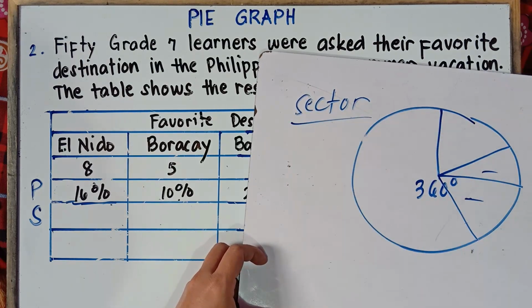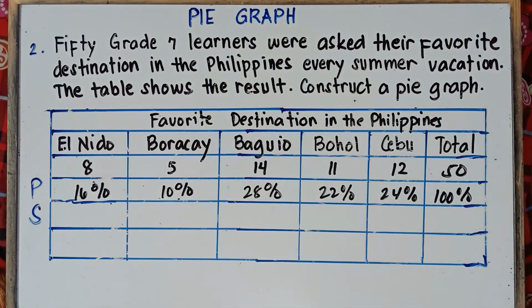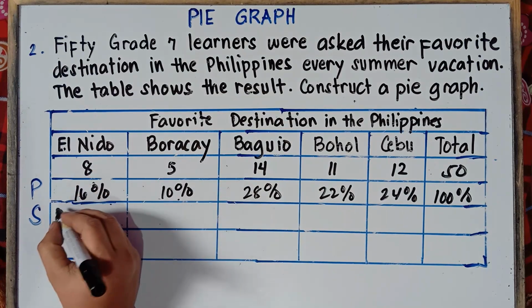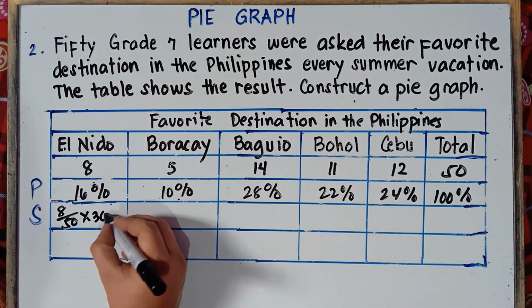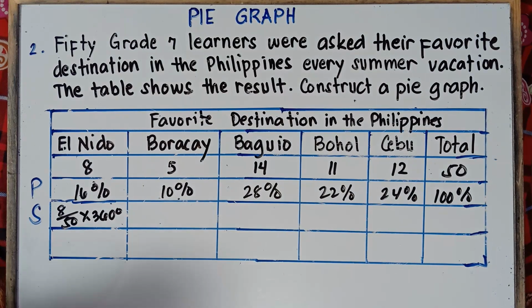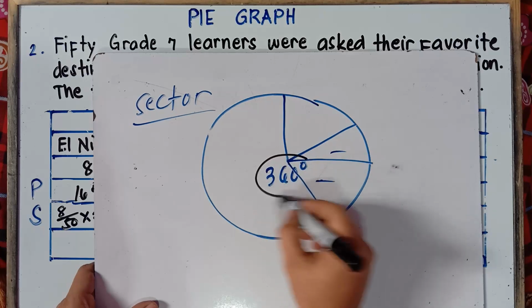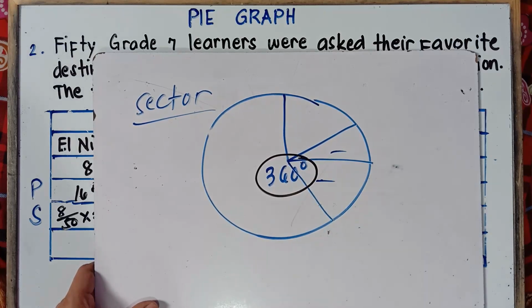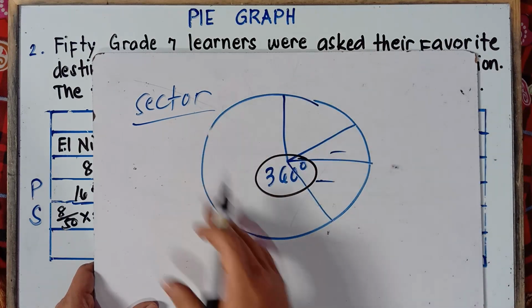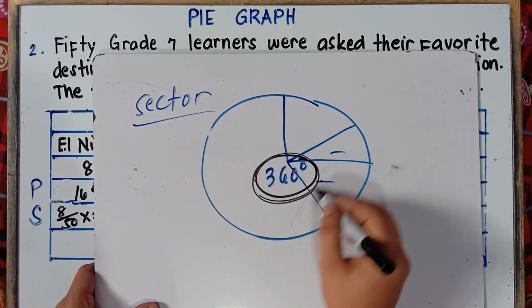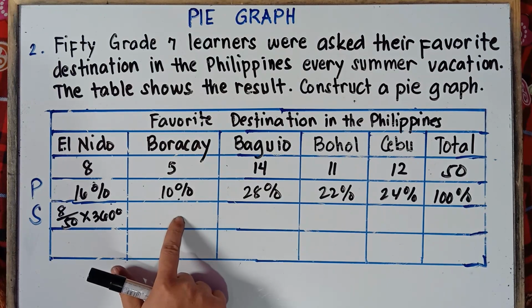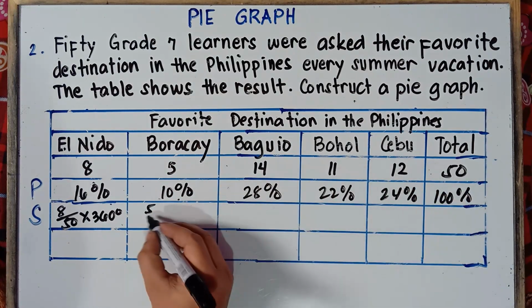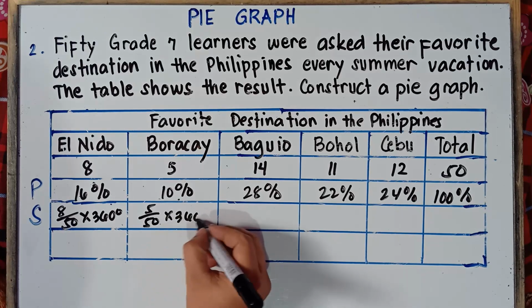Now to find that, we need our solution. The solution to find the sector or pie slice is 8 divided by the total, 8 divided by 50 times 360 degrees. Sir, why is it 360 degrees? It's 360 degrees, class, because in a complete circle, the degrees total 360. So to find the angle for this one, 5 divided by 50 times 360 degrees.